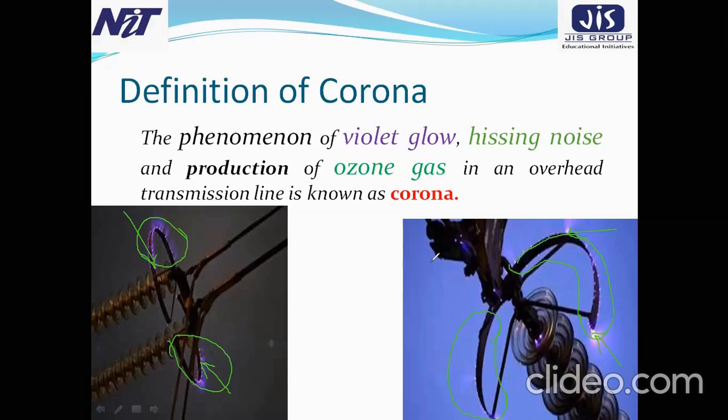You can find this phenomenon in the overhead transmission line, so you have to mention this point very carefully. The combination of these three phenomena is called corona. This is the definition of corona.